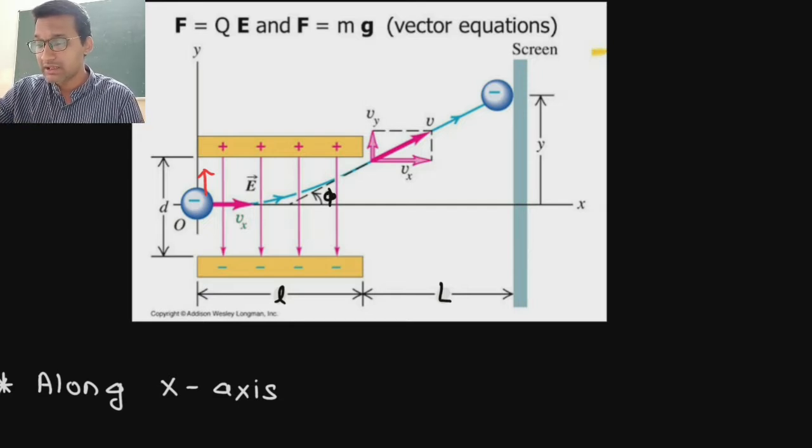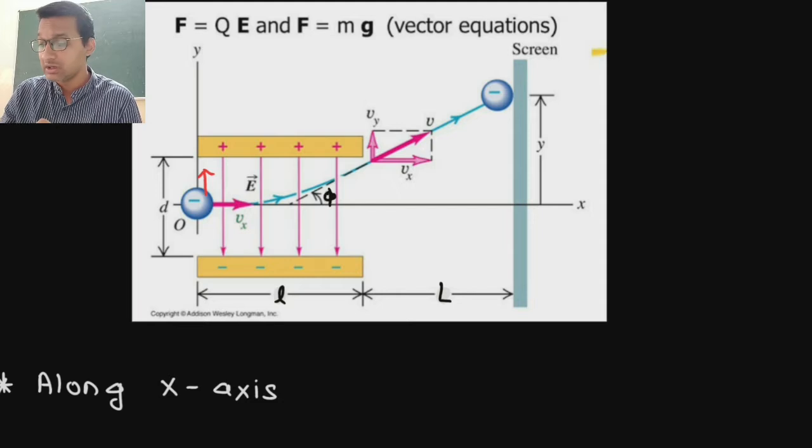and after coming out of this field, now this field we have created by using two plates. Upper is the positive plate, lower is the negative plate. After leaving this field, it starts moving again.